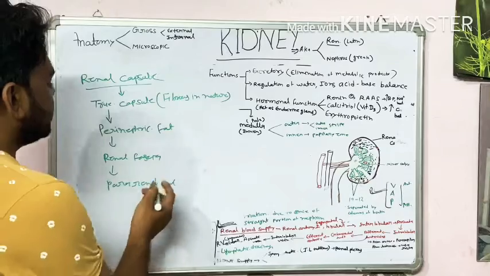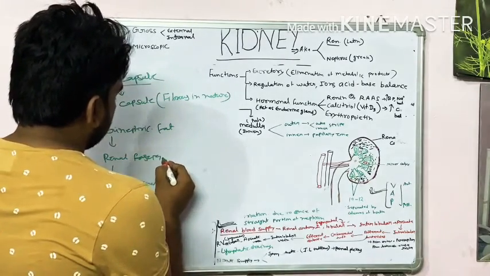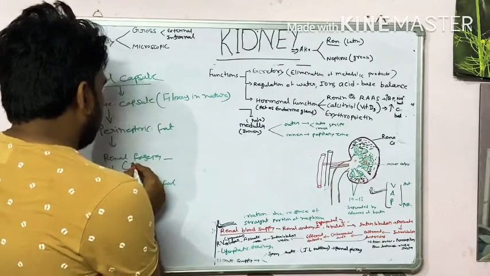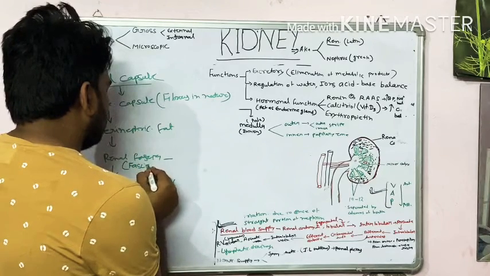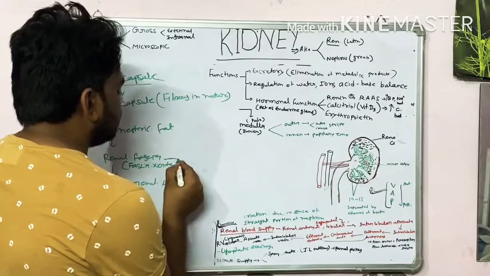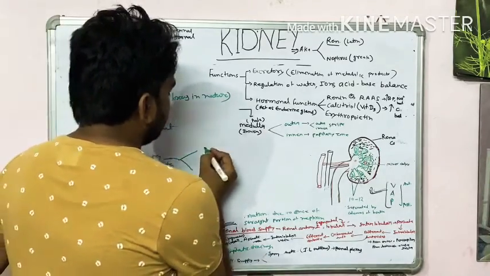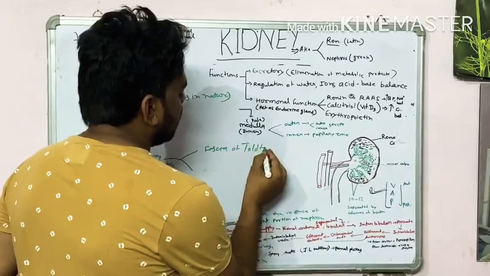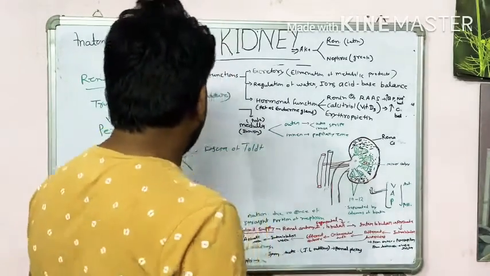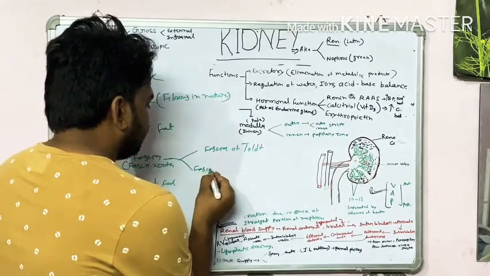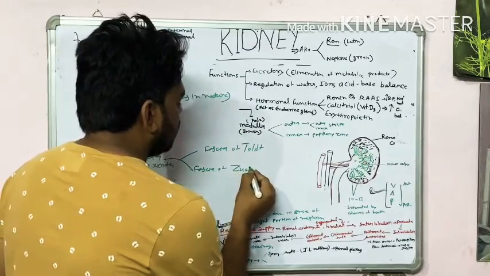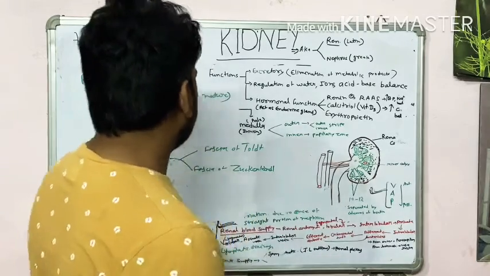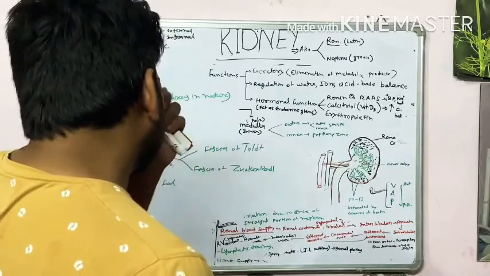Then the renal fascia, also known as fascia of Gerota, is divided into two parts: anteriorly, the fascia of Told, the anterior one, and posteriorly, the fascia of Zuckerkandl. Then the perinephric fat.